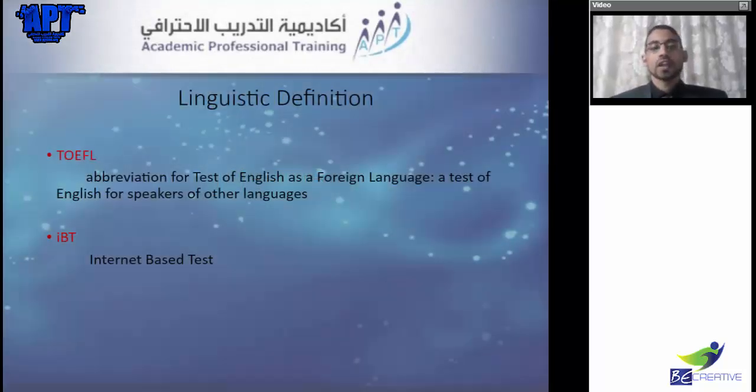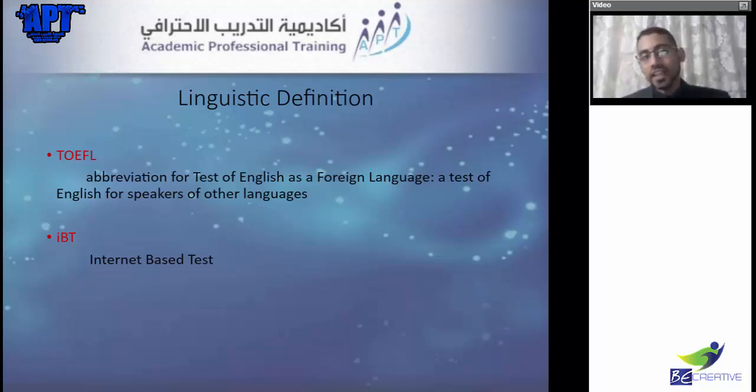First, the definition of TOEFL. It's an abbreviation. What does abbreviation mean? A shortcut, for Test of English as a Foreign Language. So it's a test for non-native speakers.